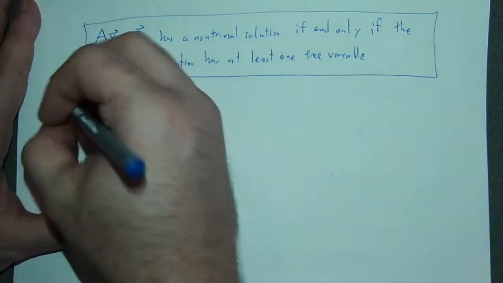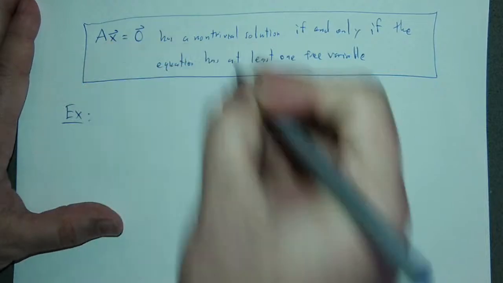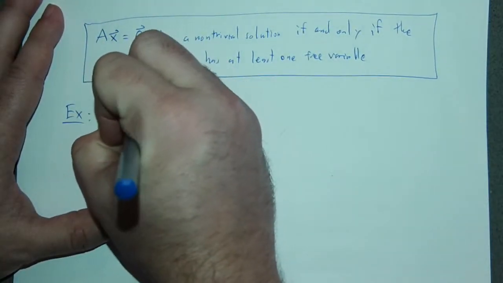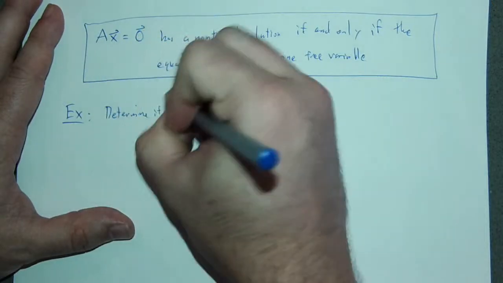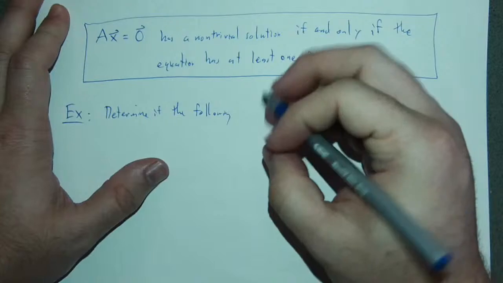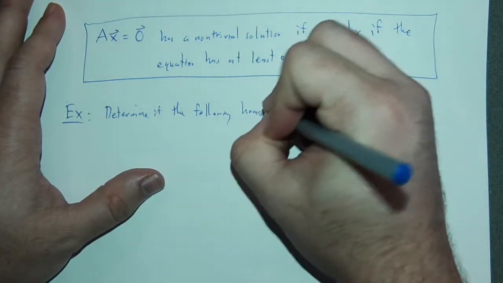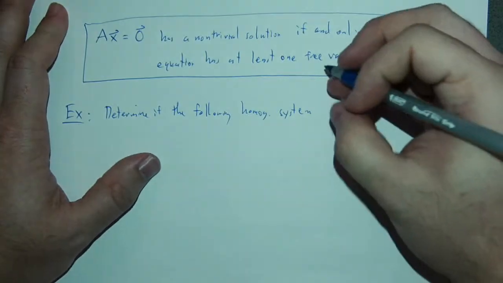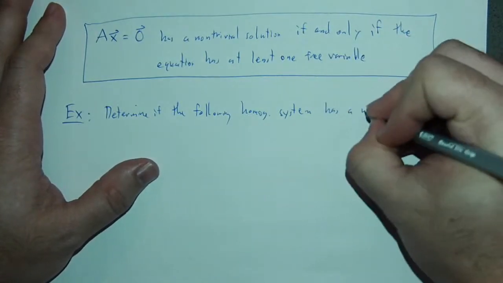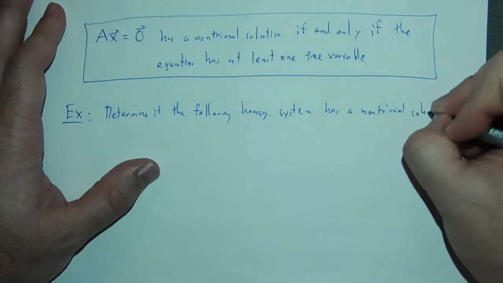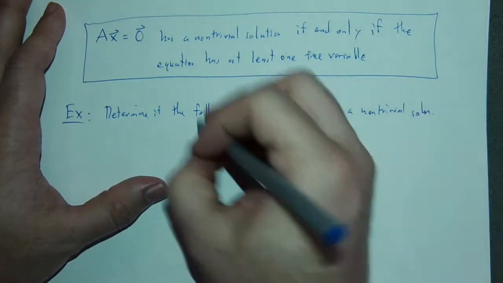Now, here's a quick example. Determine if the following homogeneous system has a non-trivial solution. So what's the system?